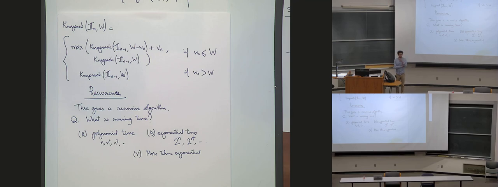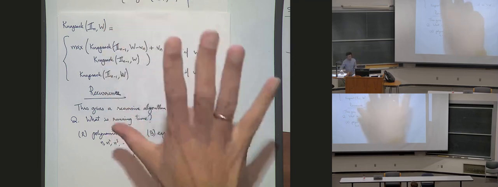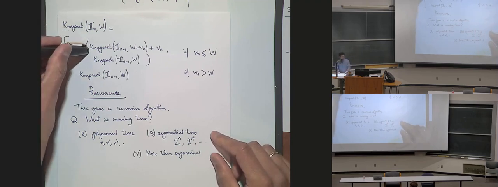Yeah, go ahead. You're making constant progress towards emptying the set of elements that you're looking at when you're trying to fill the knapsack. Okay, but you also have two choices at each time. Does the algorithm make sense? You would call all of these functions.